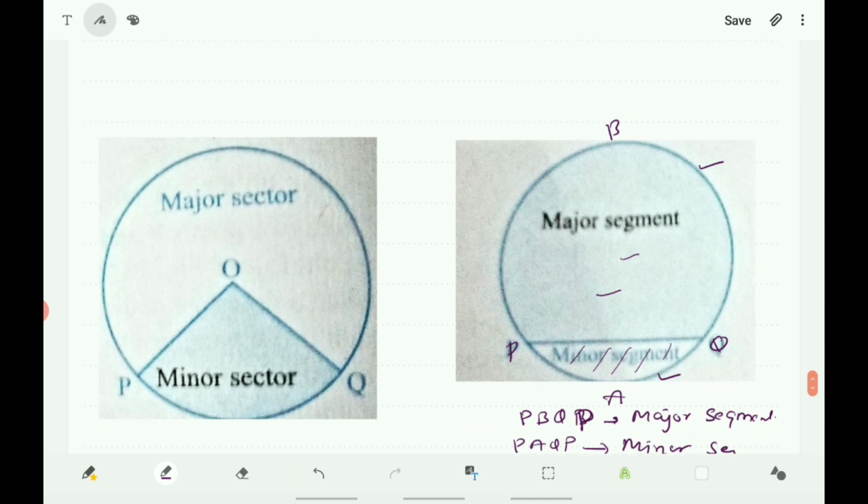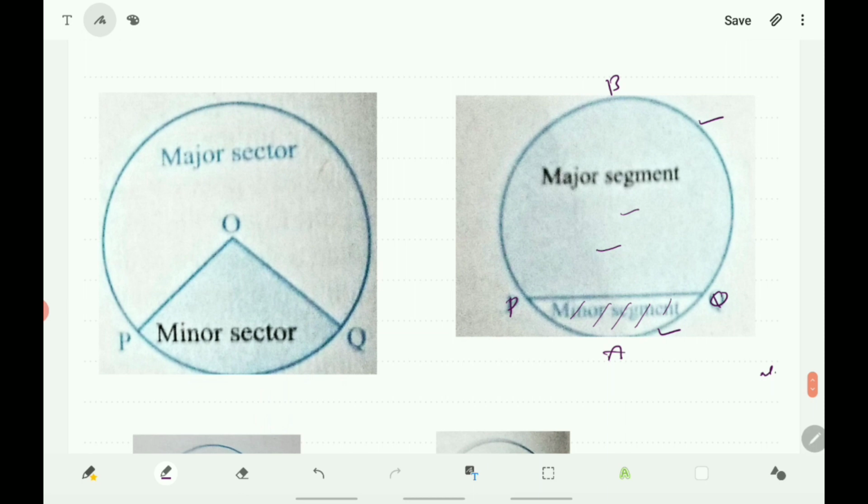Here you know that there are arcs PAQ and PBQ. PBQ is the major arc and PAQ is the minor arc, and here there are two regions. One is the region between the minor arc and the chord PQ, and this is called the minor segment.